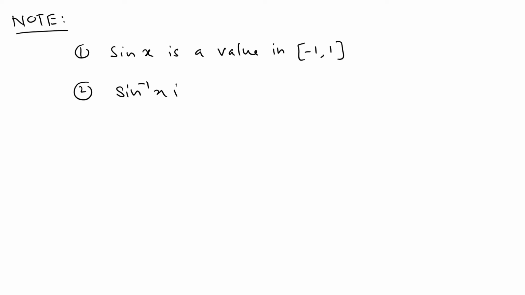The first one: sine x is just a value, a number in the interval -1 to 1. The second one: sine inverse x is an angle, an angle in the interval negative pi over 2 to pi over 2.